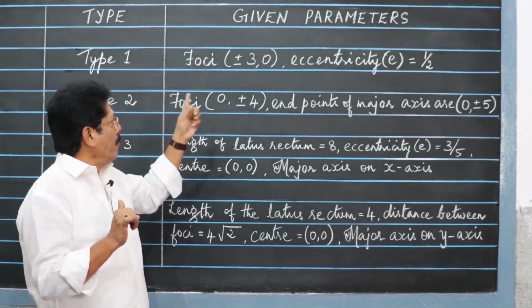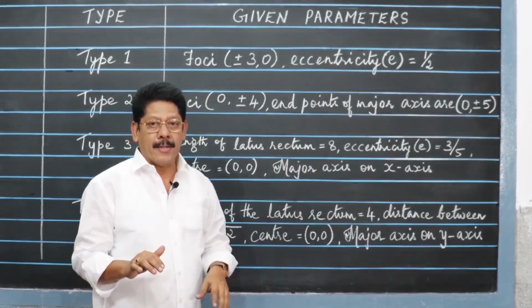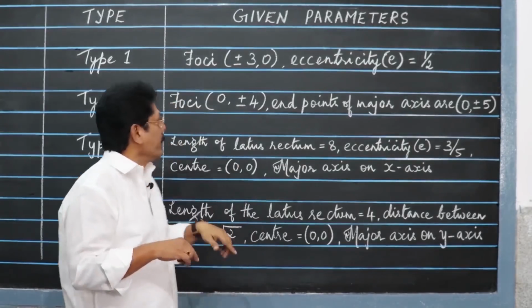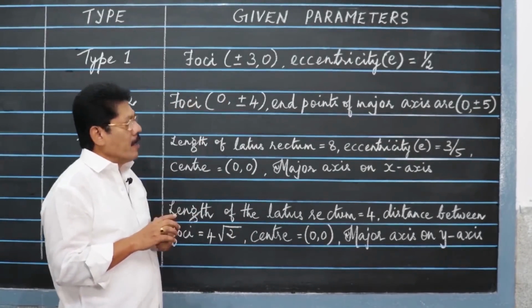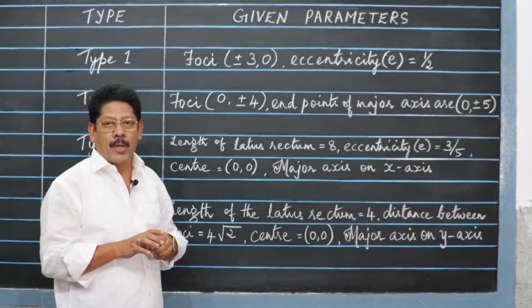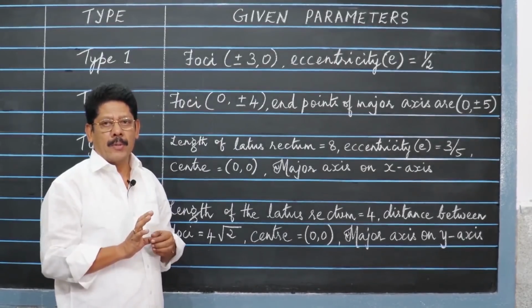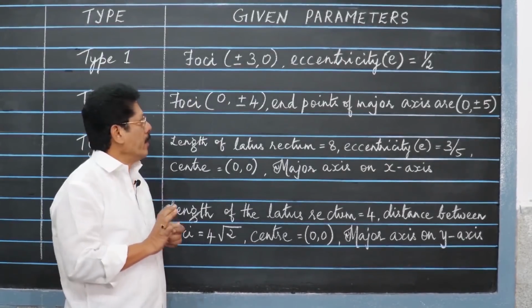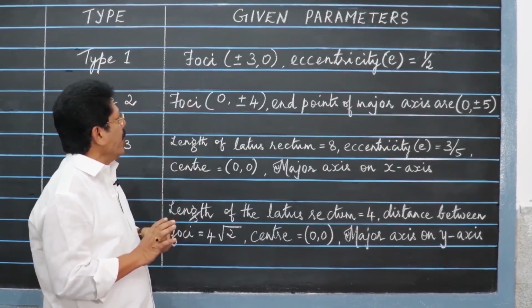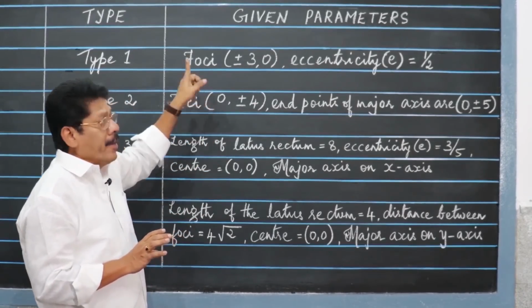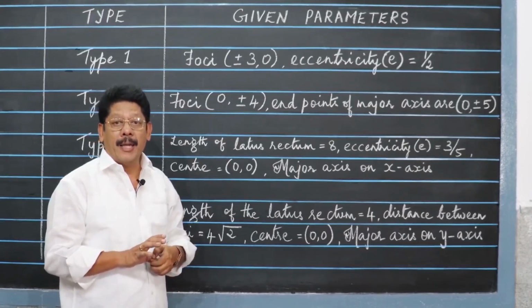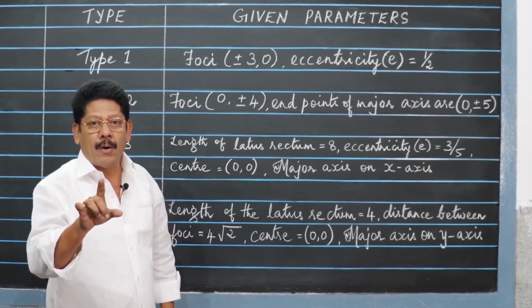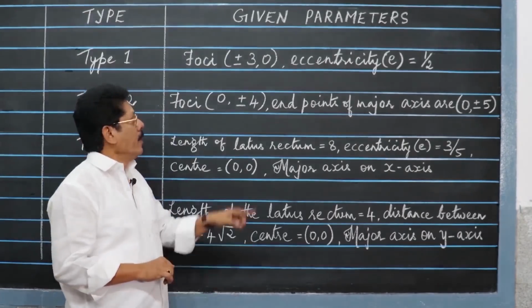With the help of foci and eccentricity, how are we going to solve the problem? Now, plus or minus 3, 0 is equal to AE. In this case, the midpoint of the foci will be the center of the ellipse.